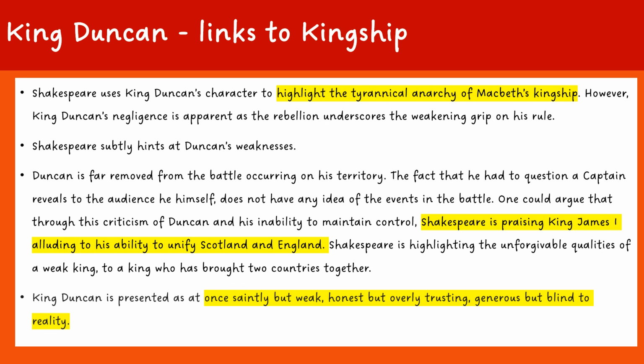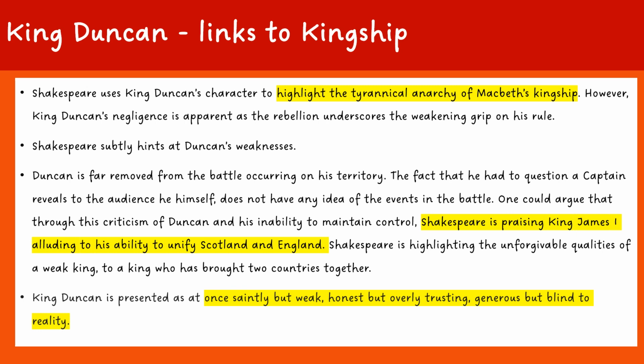Now, by presenting Duncan in this way, Shakespeare is in fact praising King James I. Again, we've got that evidence of Shakespeare ingratiating himself with the monarch, because he's alluding to King James I's ability to unify Scotland and England, because obviously he was king of both Scotland and England.